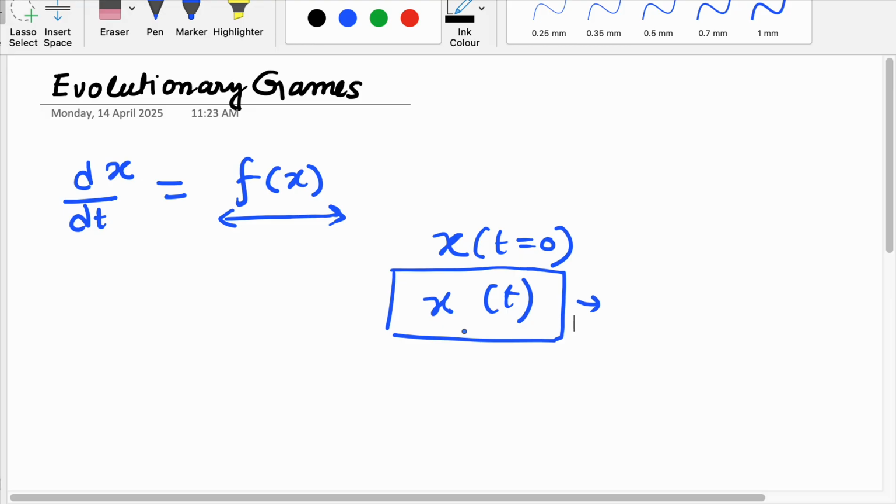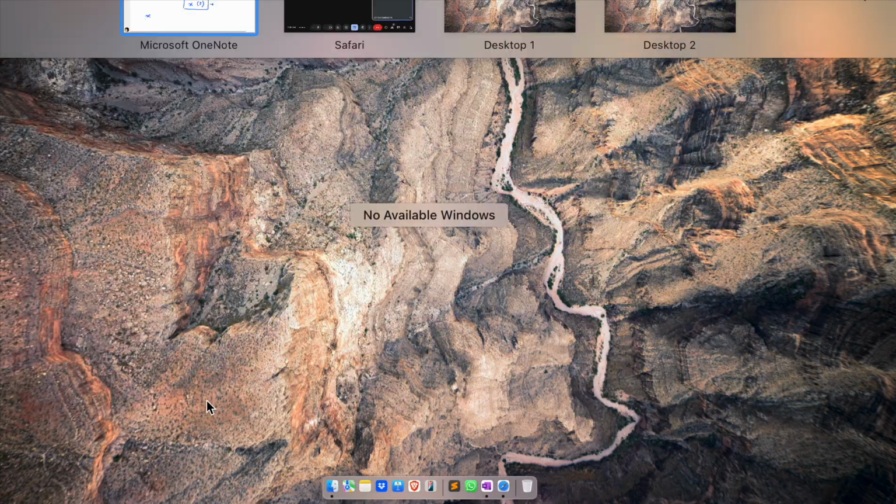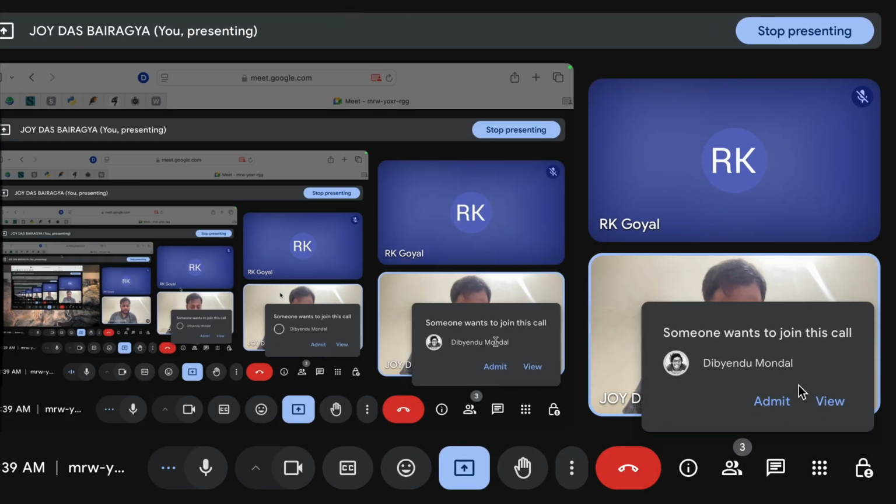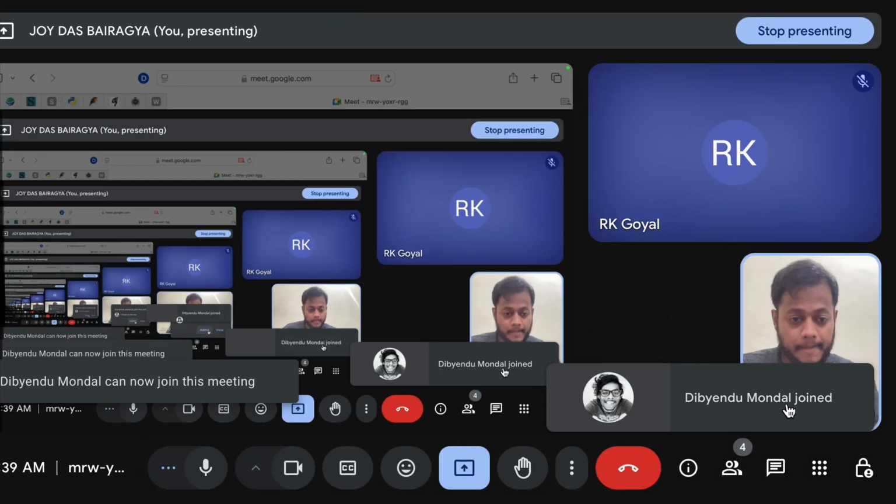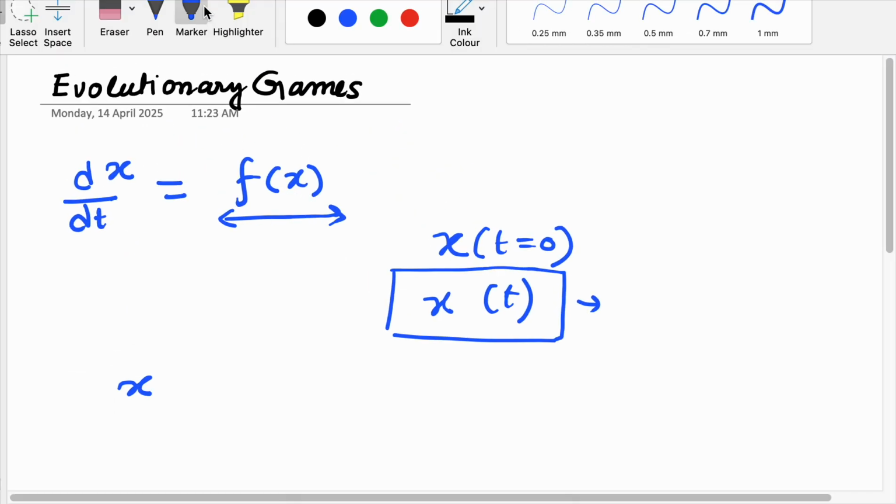Now what could we do at best? Maybe we don't know the intermediate states. Could we know where our system will go at time t tends to infinity? If I wait for a long enough time, where will my system go?